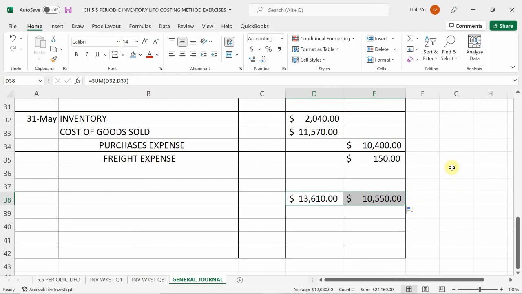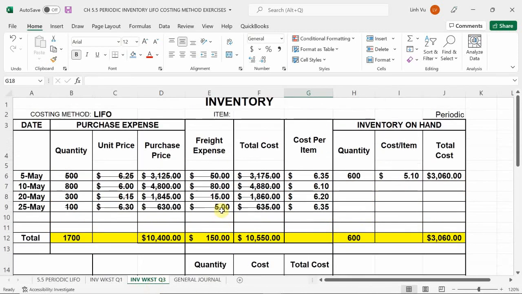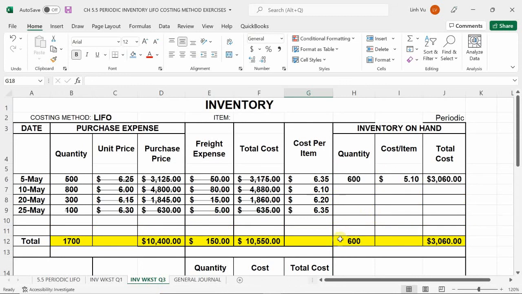So what is my total value that I'm missing? Well, 13,610 minus 10,550 gives me a total of 3,060. Where have I seen this number before? It's the inventory that carried over. Correct. It was your beginning inventory of the 600 units.